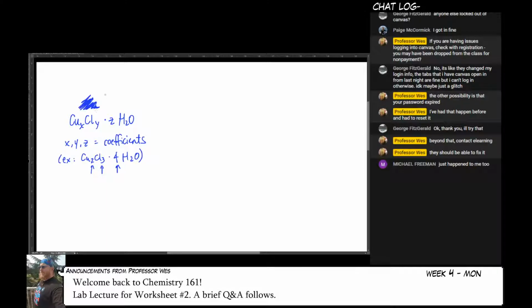So what we're going to do is we're going to put this into a crucible. A crucible is just this little tiny container. We're going to fill it with our stuff. There it is. You can see it inside. And then what we're going to do is we're going to heat it.